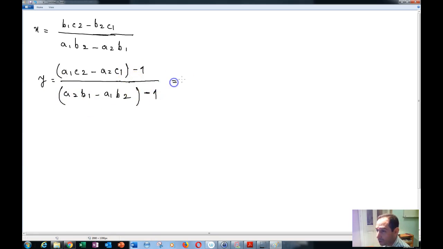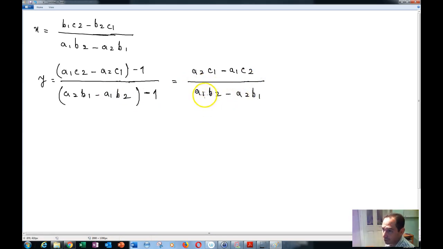So what I will get is a2 c1 minus a1 c2, and in the denominator I'll get a1 b2 minus a2 b1. Okay, so now you see my denominators are the same, a1 b2 minus a2 b1, a1 b2 minus a2 b1.